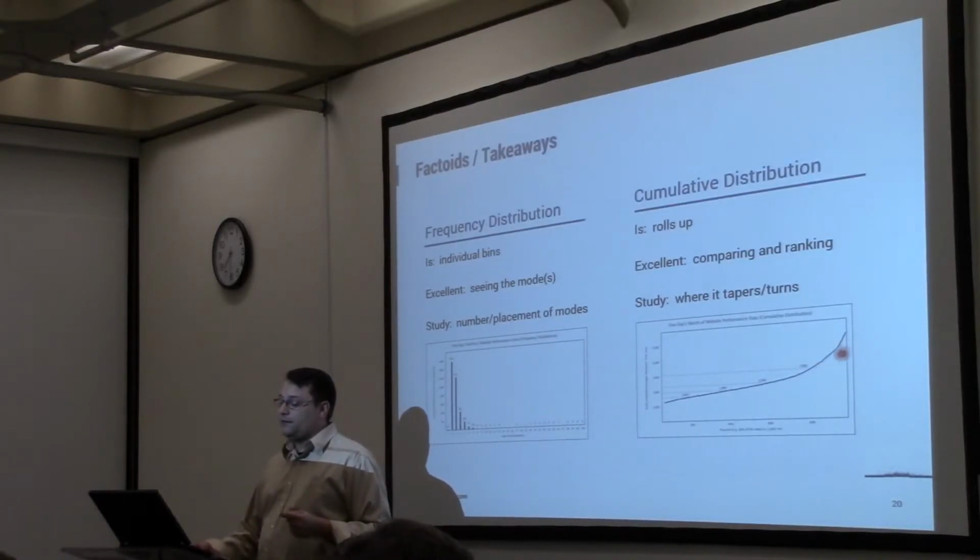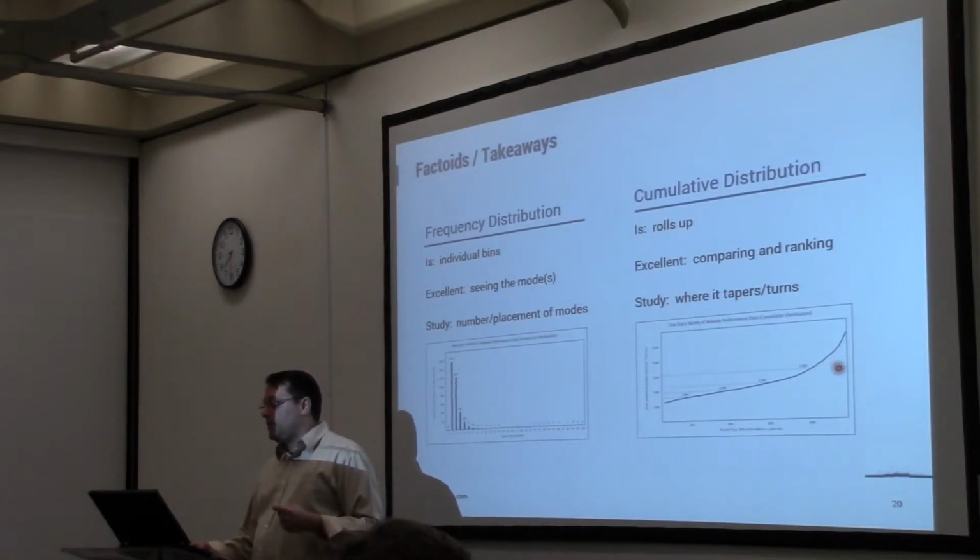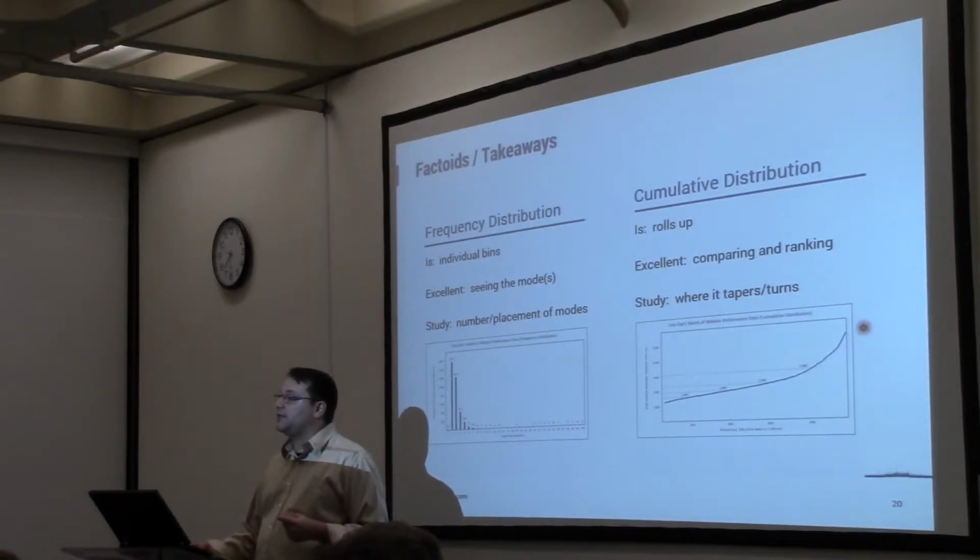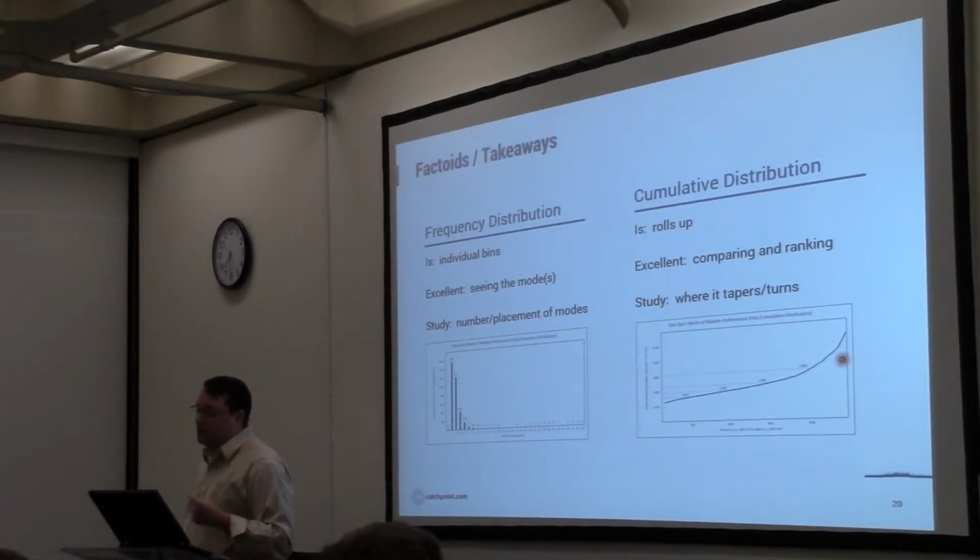The only thing that's going to differ is the point at which it starts to taper and turn. That's the point at which you start to say, okay, maybe this example is not as bad, but you can start to see that 5–10% of the population, and where it turns is going to differ from case to case, and that's one of the key things we look at when we competitively benchmark.